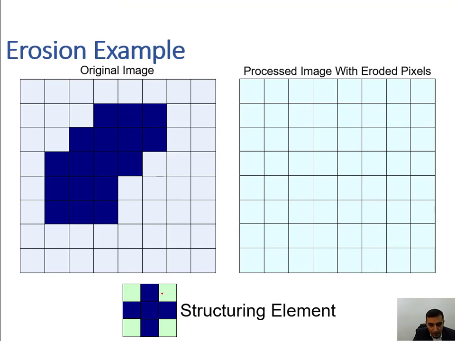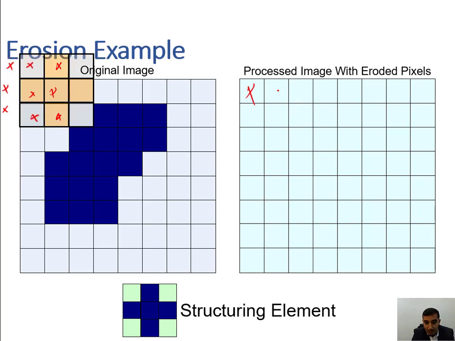For example, if I have this structural element and I have my image. So first of all, my structural element will be here. You can see that these pixels are not included within the original image, so nothing will be happening here.